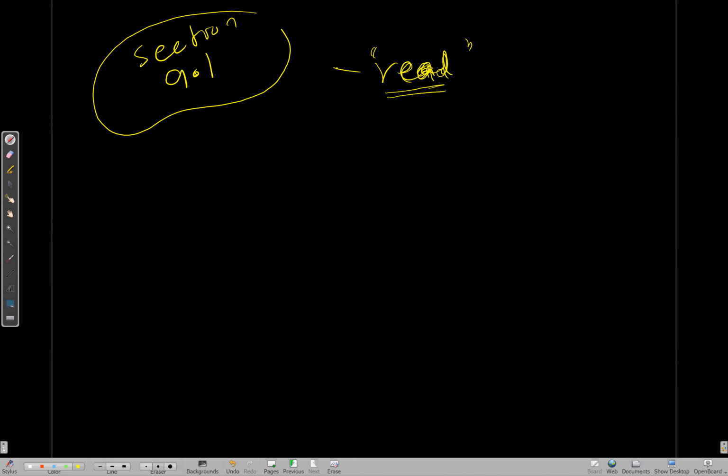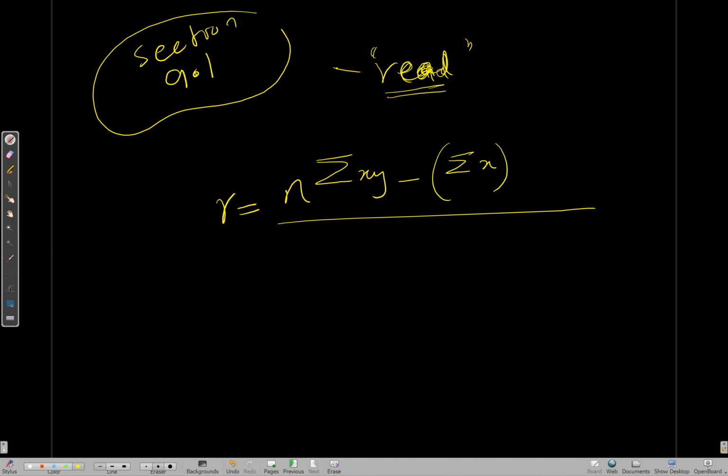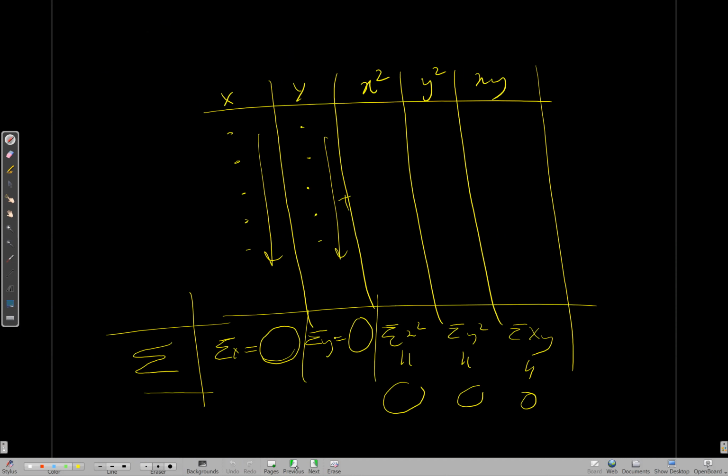Okay, so the formula for R, you can look at it in your slides, but let me write it down. You know what, let me write this down here so it's much easier for me to explain.